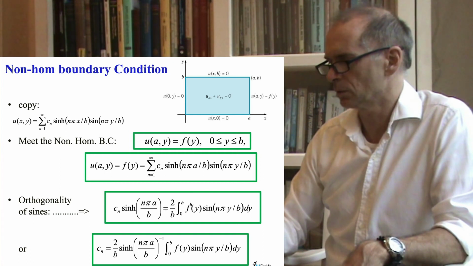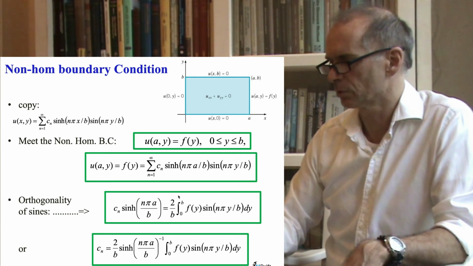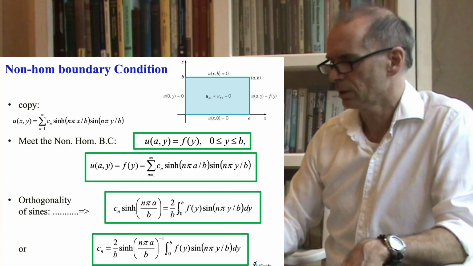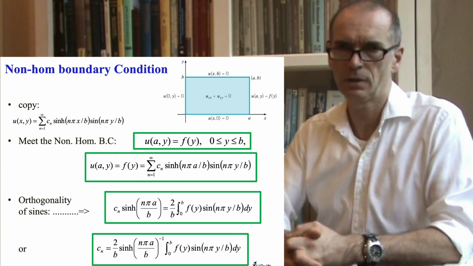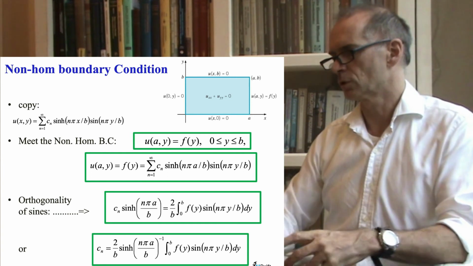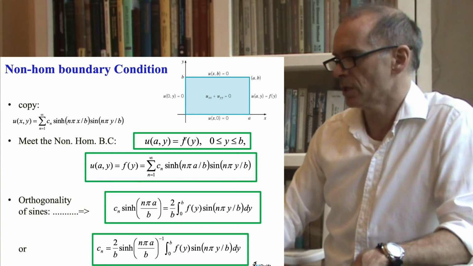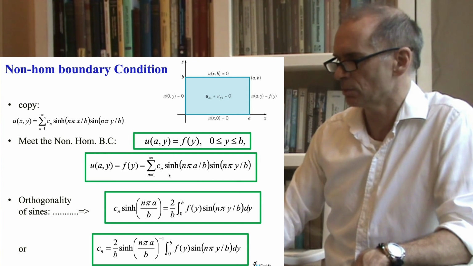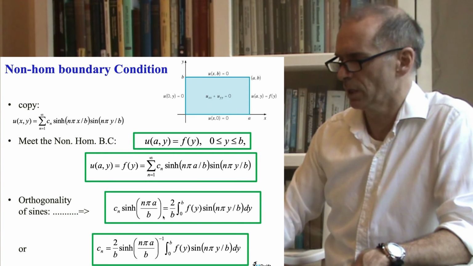That is now equal to the integral of the target function times that sine, integrated over the length of the domain. We're integrating in the direction of y, so that will be from 0 to b, and divide by half the length of the domain. That would give you the coefficients of the sine series, but once again, that coefficient of the sine series is this combination now. So that is what I write.